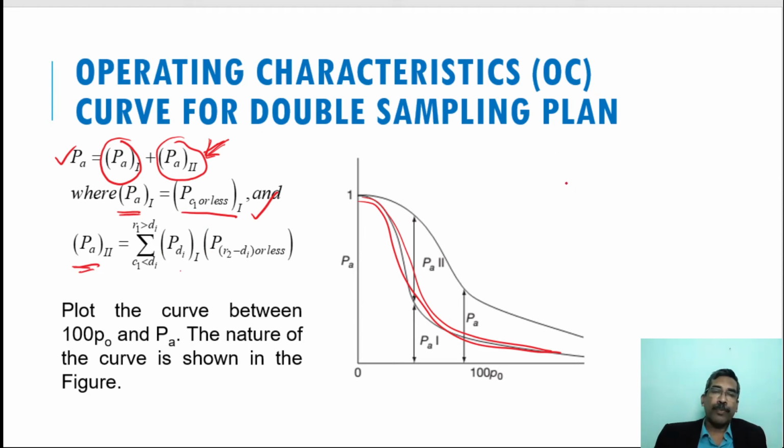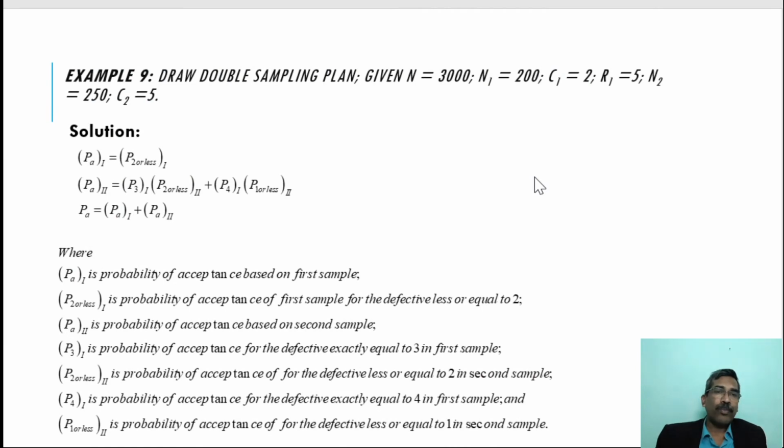Suppose we consider this numerical problem: draw the sampling plan. Given N equal to 3000, the sample size of the first sample N1 is 200, C1, the acceptance number of the first sample, is given as 2, and R1 is 5, and the second sample size is 250, and C2 is 5.